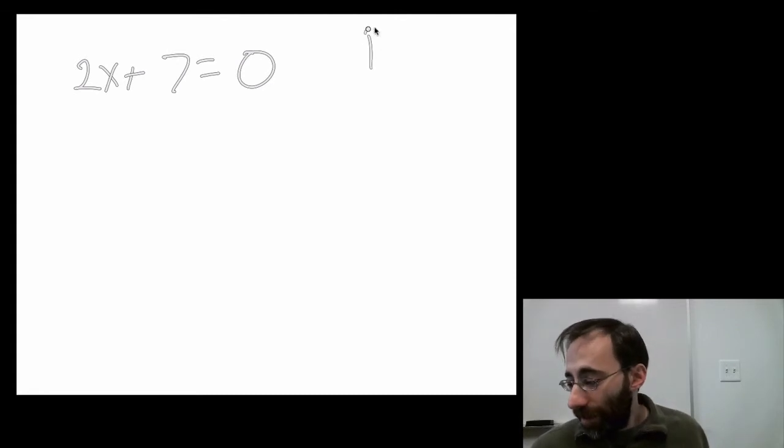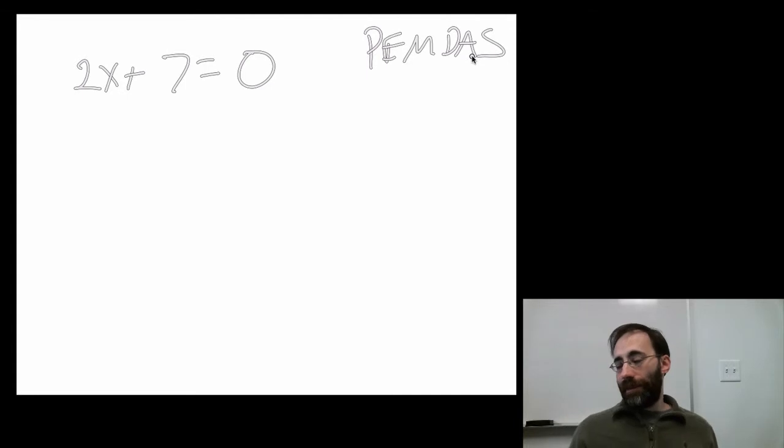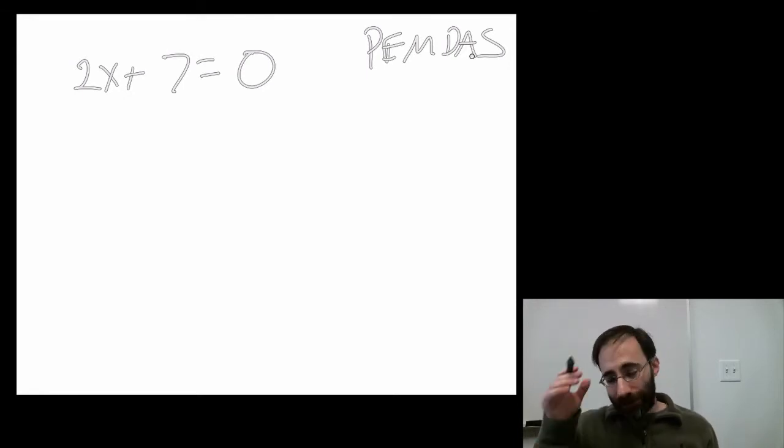Remember, a few modules ago we talked about PEMDAS, the order of operations: parentheses, exponents, multiply, divide, add, subtract. But when I try to isolate an x, I'm going to go in reverse. I'm going to get rid of the things that operate last first.